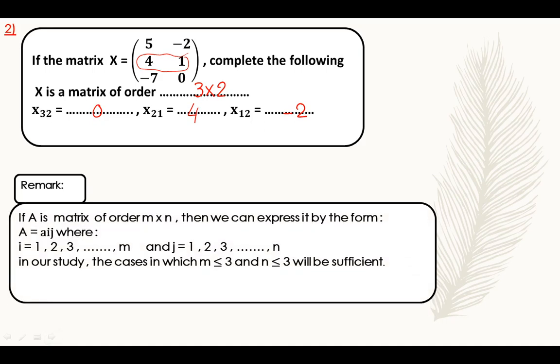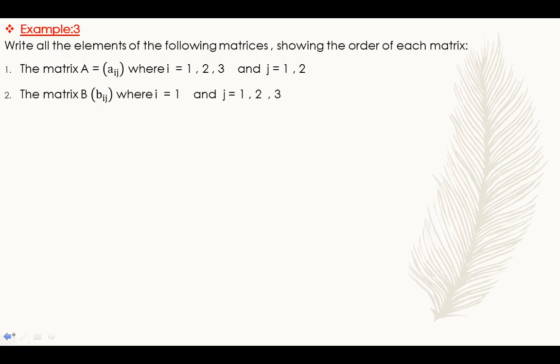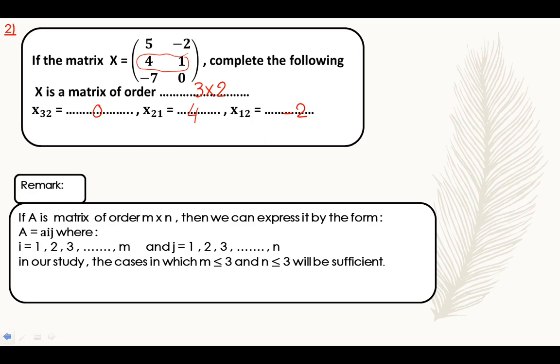Very important remark first. If A is a matrix of order m times n, then we can express it as A equals [a_ij], where i equals 1, 2, 3, and so on, and j equals 1, 2, 3, and so on.